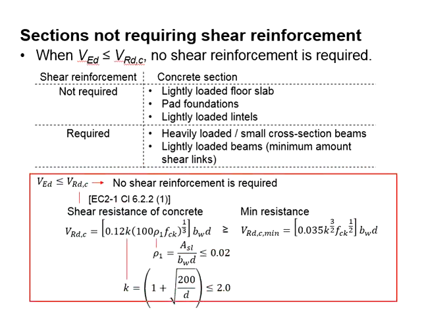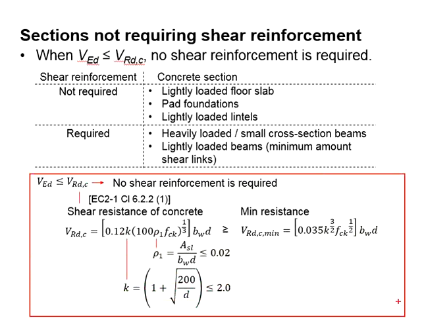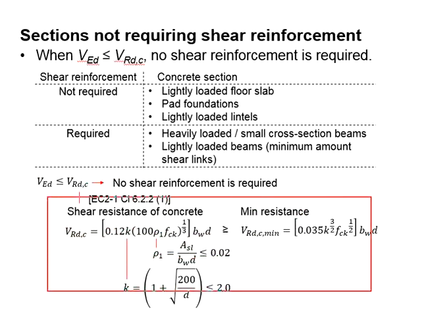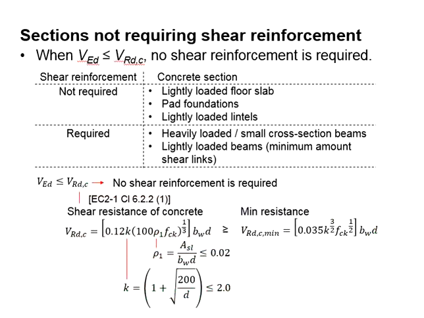These are the equations used to check whether the shear resistance of the concrete is sufficient. As long as you confirm that the shear resistance is sufficient, that means no shear reinforcement shall be required.